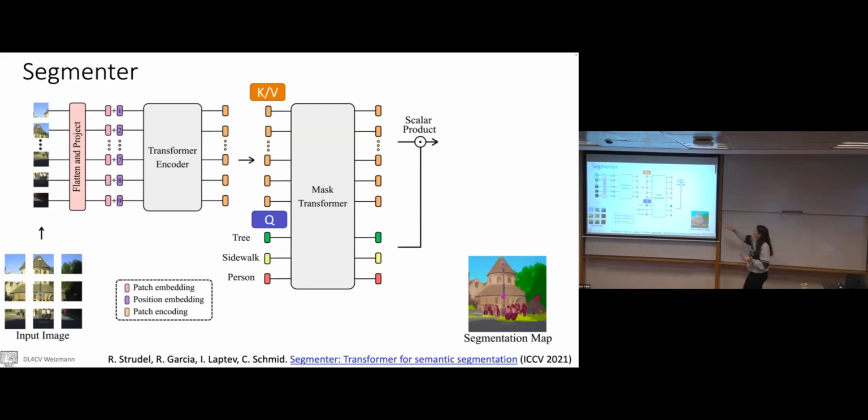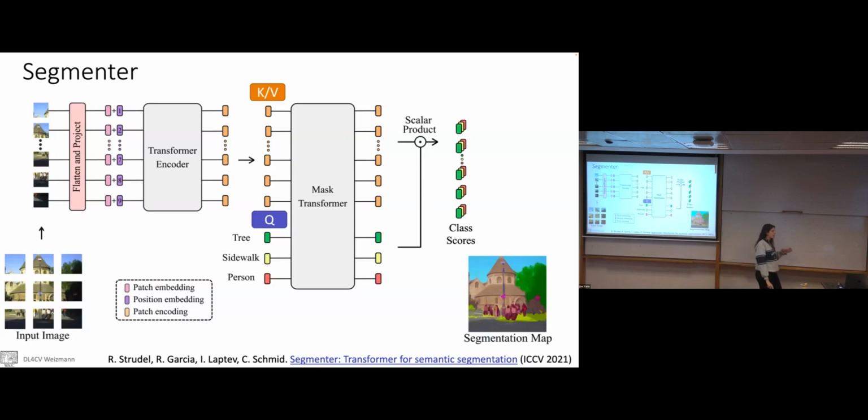For each patch embedding from the image, we're going to apply dot products according to the tree, according to the sidewalk, and according to the person. So for each token we're going to have, for example, only three different class scores.